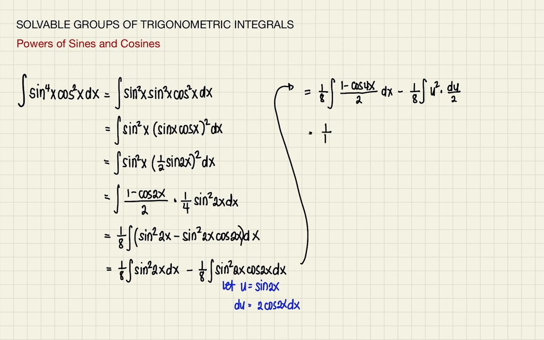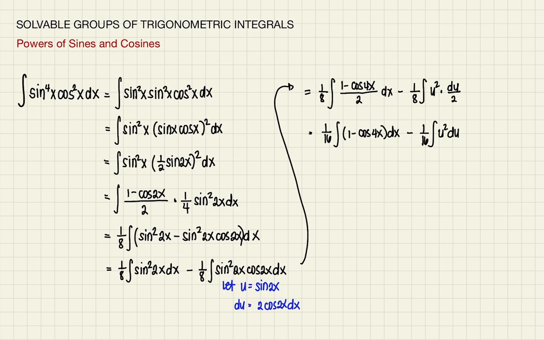So we have 1 over 16 multiplying the two denominators. That's 1 minus cosine of 4x dx minus 1 over 16 integral of u squared du.